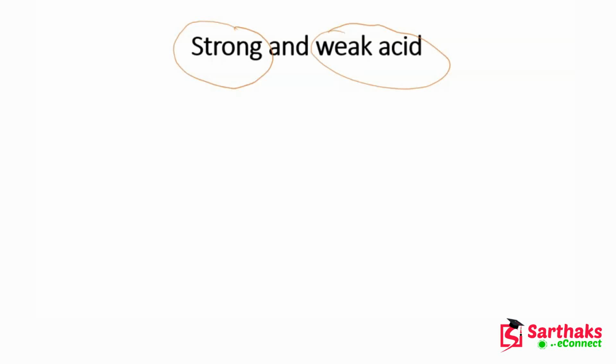On the other hand, an acid which, after dissolving in water, gives fewer H plus ions is known as a weak acid. Strong acid gives more H plus ions in water, and weak acid gives fewer. So let's talk about some of the strong acids.